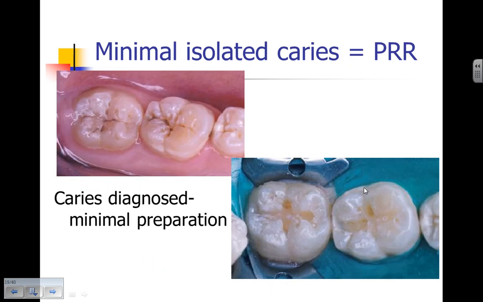And so we look at a couple clinical scenarios. A minimally isolated carious lesion on the pits and fissures. If you look at the mandibular first and second permanent molars to the left, you'll notice that these teeth have cavitated lesions. The pits and fissures, some discoloration, but they're in isolated areas.